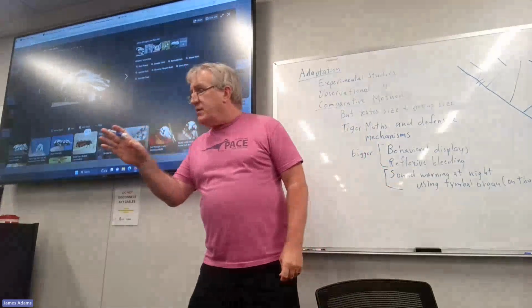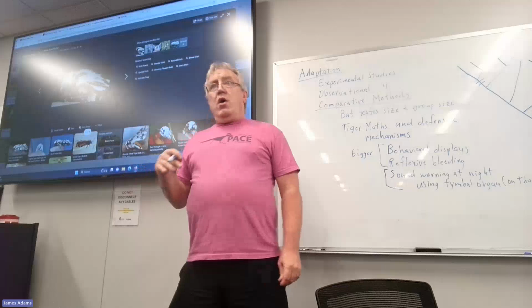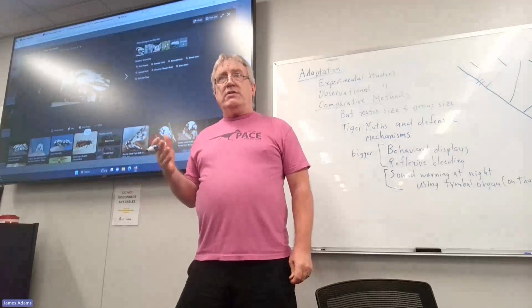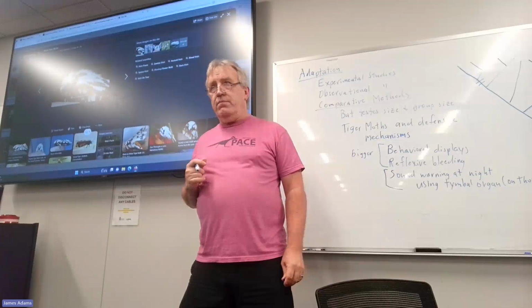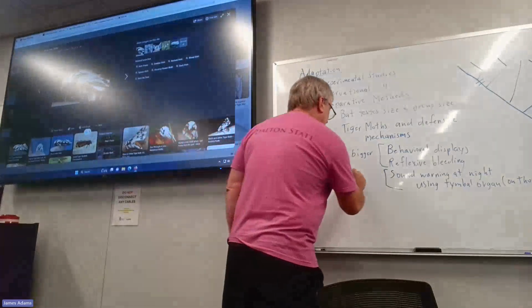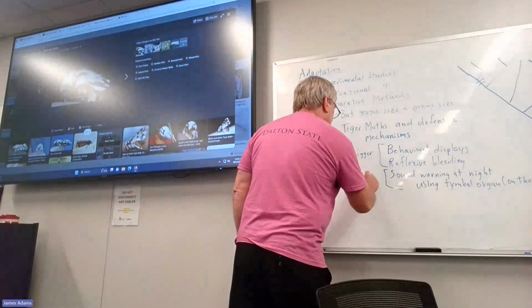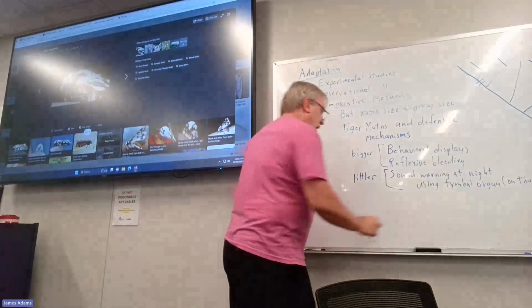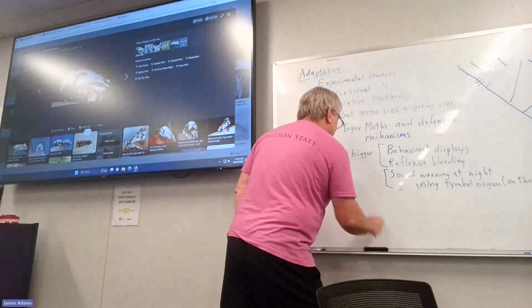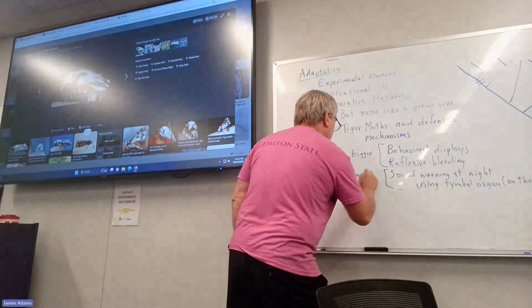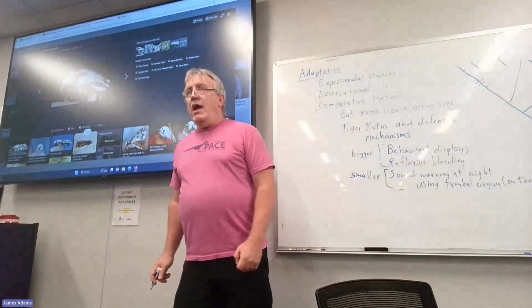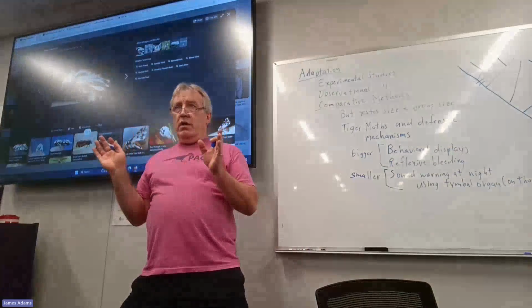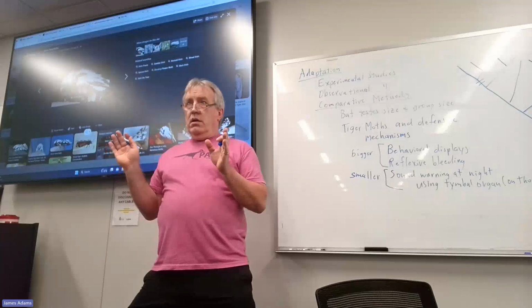There's plenty of big species that do it too, but there are several bigger species that seem to have lost the ability to make the sound. So you tend to see these emphasized in the smaller species. Again, I'm not saying it's across the board, okay?